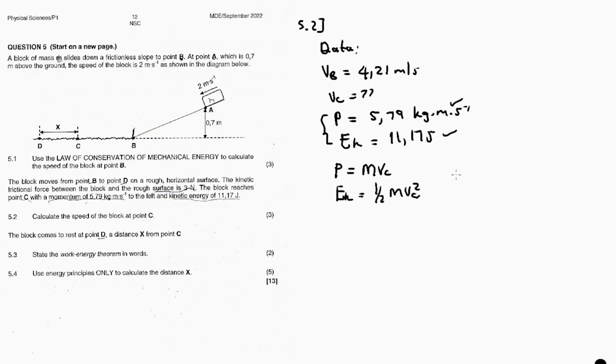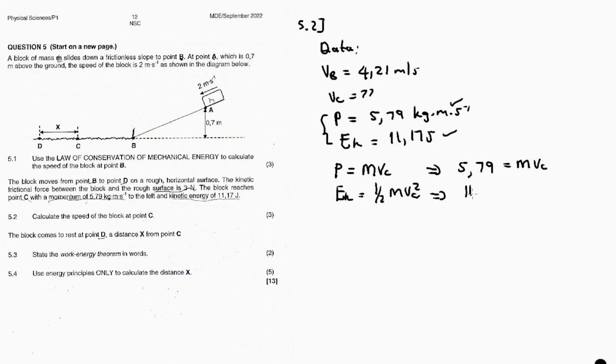So into esingayenza ke manje, uma uthatha ukubheka kahle la, you actually have a simultaneous equation in a way. So let's substitute for both equations. I do have momentum, which is 5.79 equal to mvc.